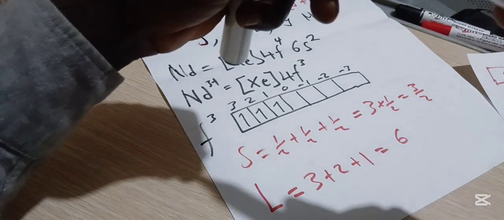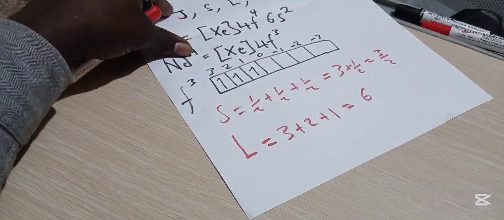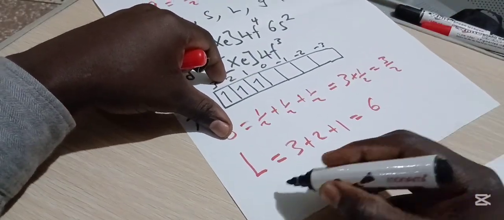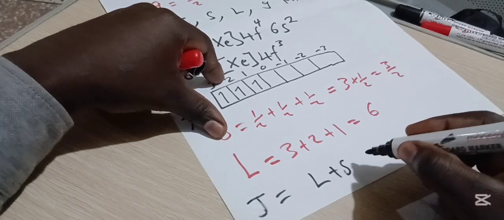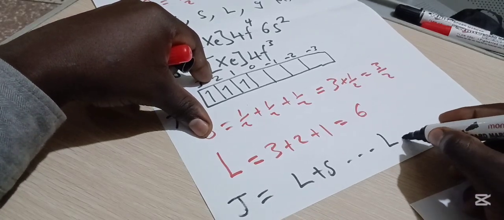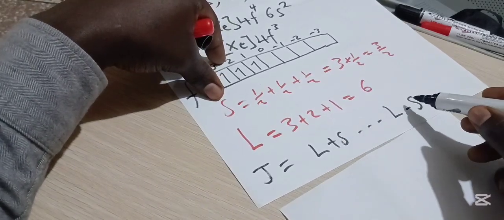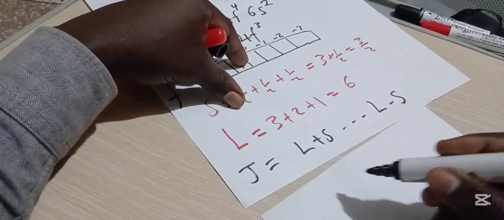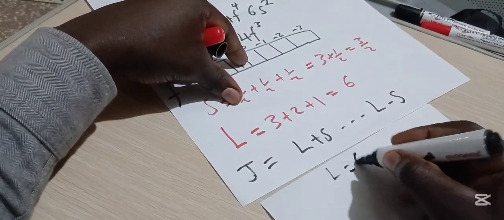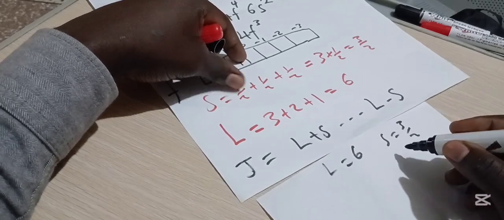Now that we have our L value, we go ahead and calculate the value of J. J equals L plus S down to L minus S. We know our L to be 6 and our S to be 3/2.